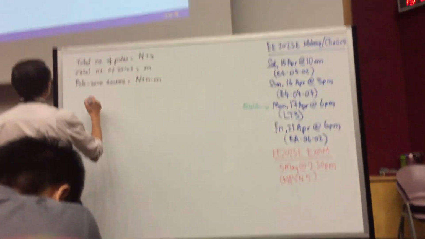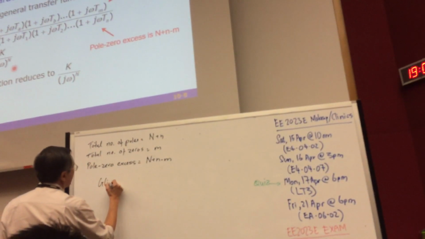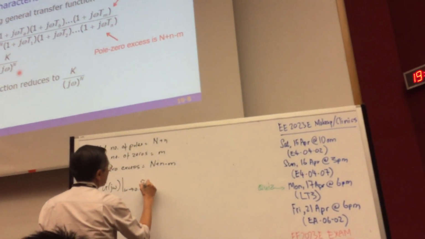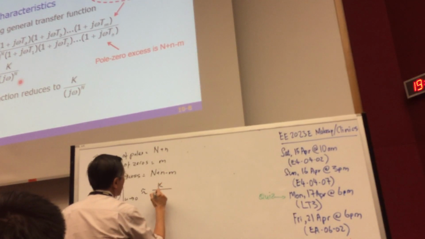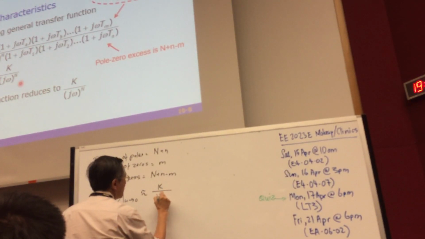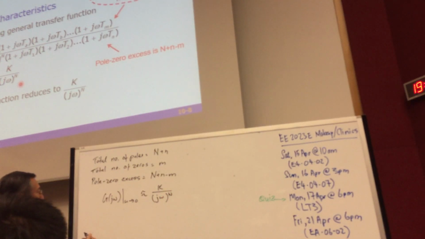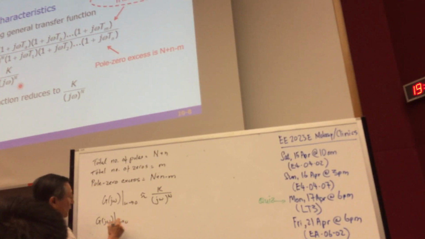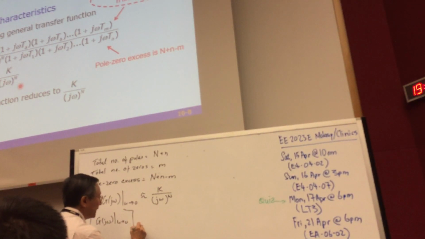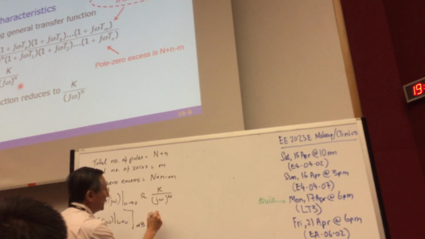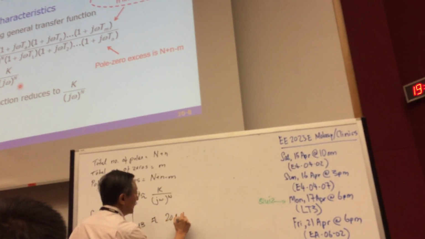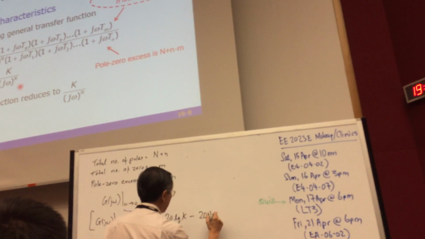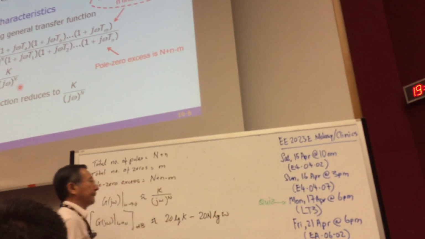So G of j omega, when omega tends towards 0, is approximately k over (j omega) to the N. Given omega very small, if you want to find the dB value, it will be approximately 20 log k minus 20 N log omega.